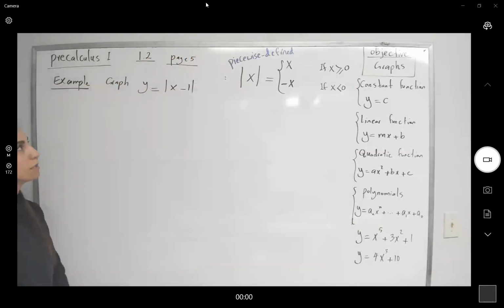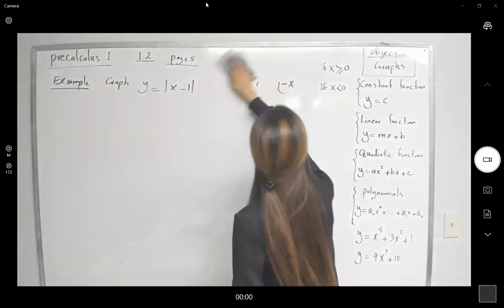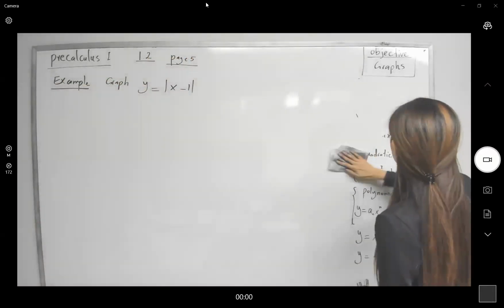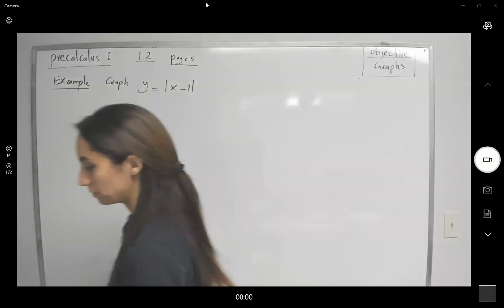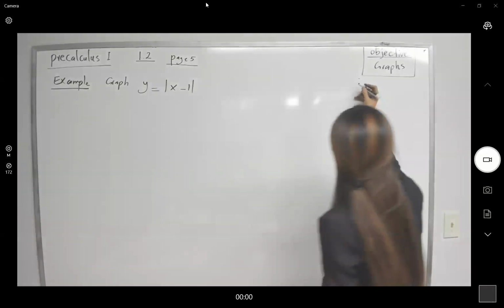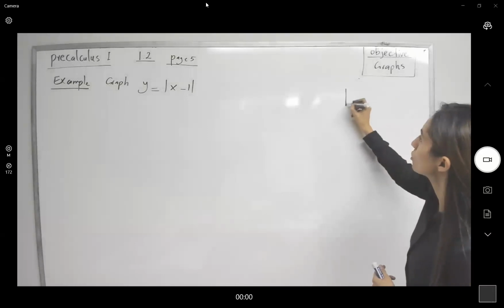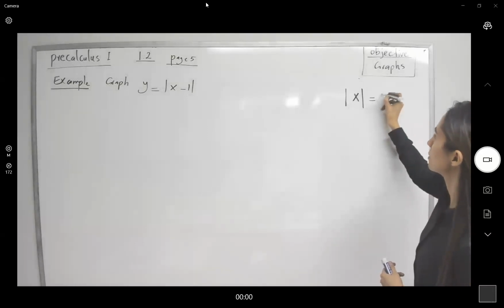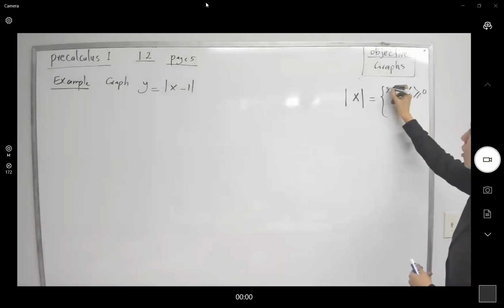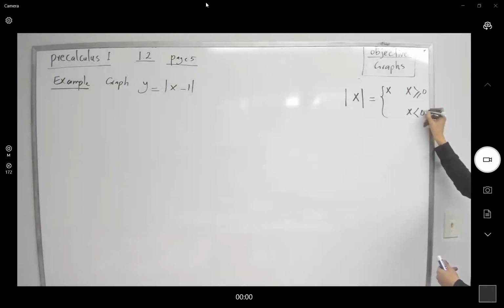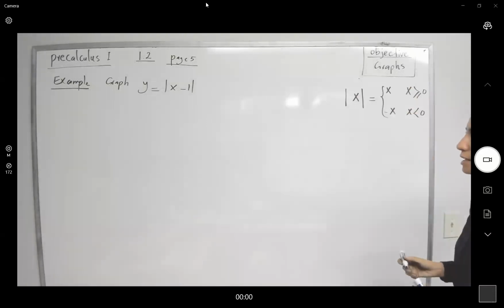Very well. So recall that for your absolute value function, you have this case. The absolute value of x is defined as: if x is larger than or equal to 0, your y value is x. If x is less than 0, you get minus x.